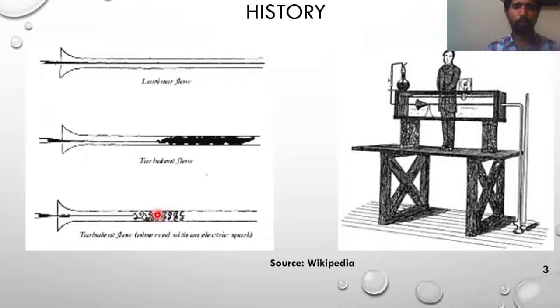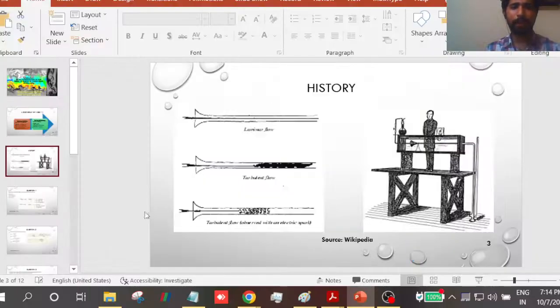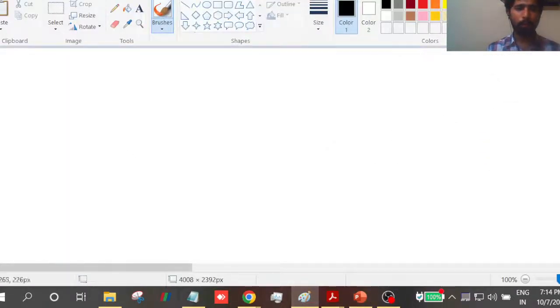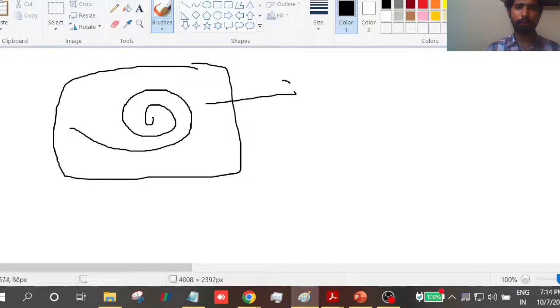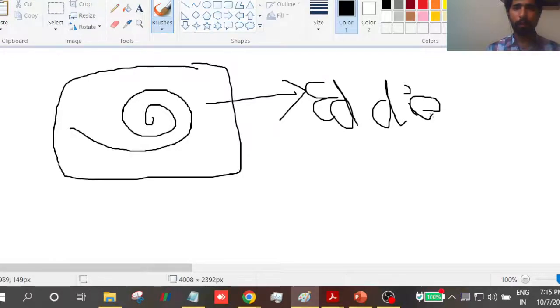So if I have to explain it more clearly, basically a fluid particle comes and then moves in a rotating fashion. This is mainly called swirling motion, or they are also called eddies. And this is one of the important symptoms of turbulence.